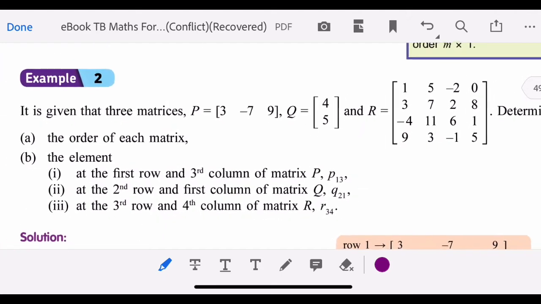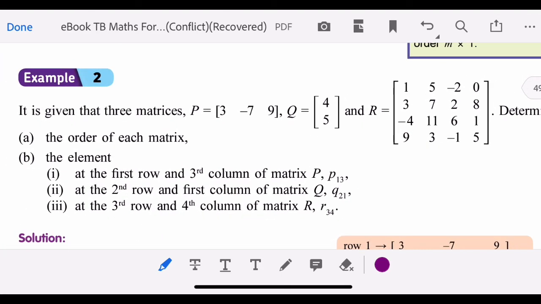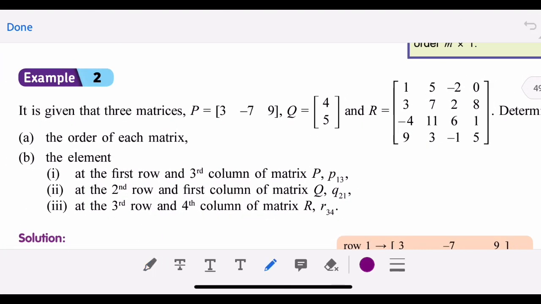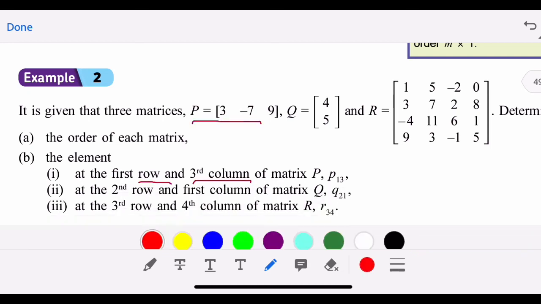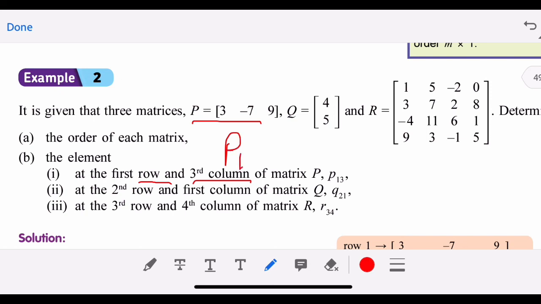So for example, let's say this one, we have the matrix, right? The first row and the third column of the matrix P. So we will write like this: first row and third column. So this is equal to 9, right? Isn't it easy?